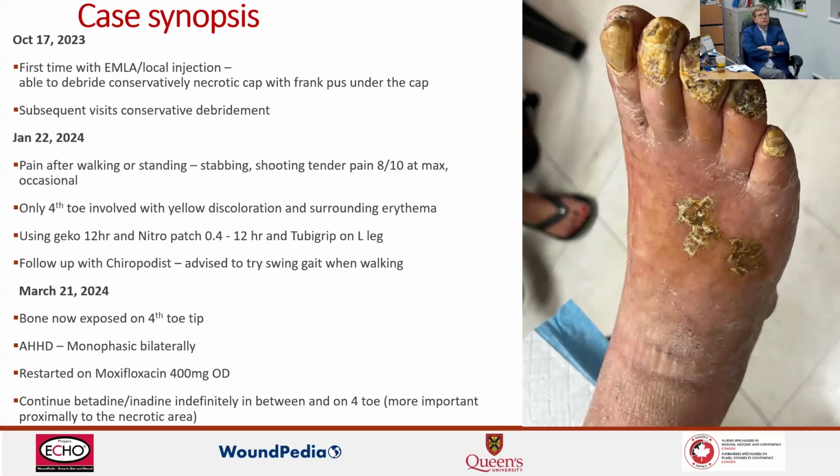And March 21st, 2024, bone was exposed on the top of the fourth toe. He had monophasic sounds, and we restarted him on Moxie at that time. Betadine, iodine indefinitely between the toes and more on the fourth toe.